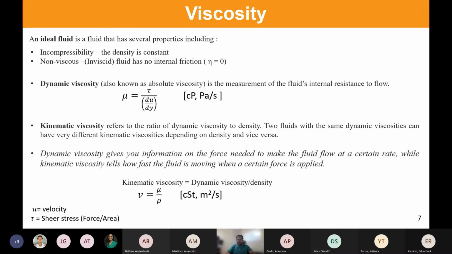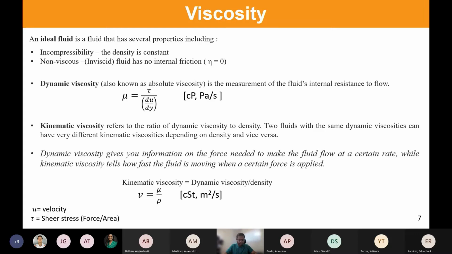So there is a huge difference between an ideal fluid and a real fluid. And why is there a difference? Because we always assume that an ideal fluid doesn't have any viscosity, meaning it's inviscid, okay? Meaning you're not losing any energy because of viscosity when you're using an ideal fluid.